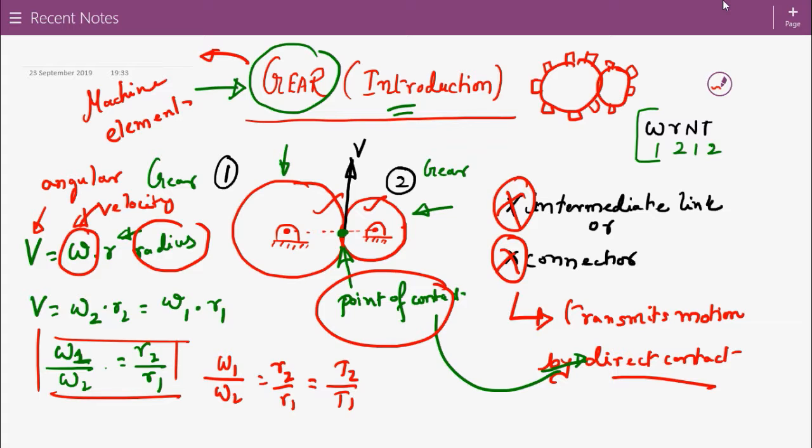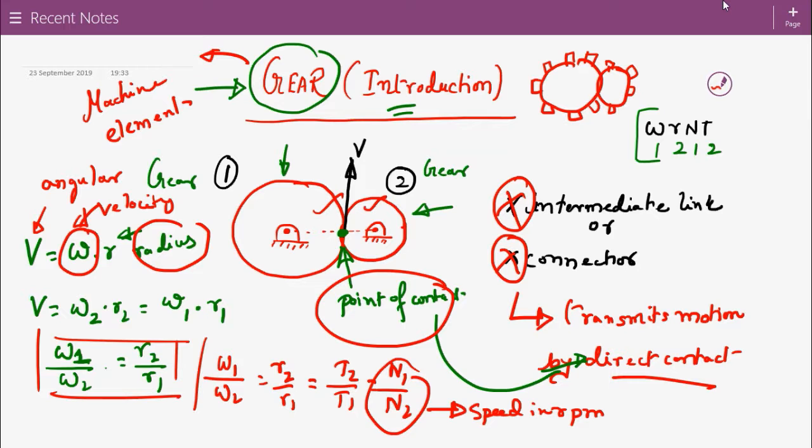It can also be written in terms of speeds, that is the speed in rpm, that is n1 by n2. These are nothing but the respective speeds in RPM, that is revolutions per minute.